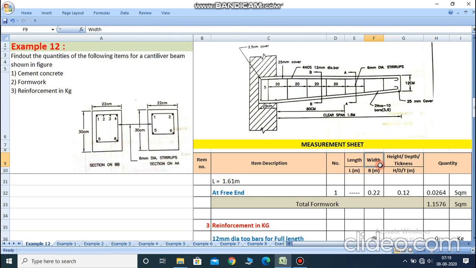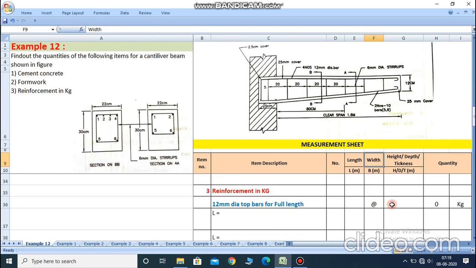Now the summation of all the three side formwork, we got the answer 1.1576 square meter as the total formwork for the beam. Then after that we find the reinforcement in kg, the third part, reinforcement in kg.